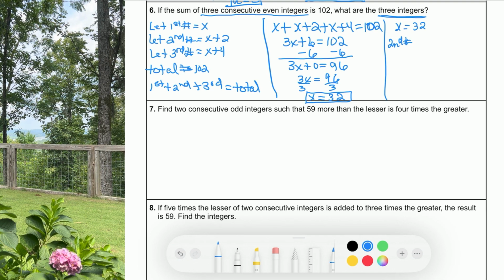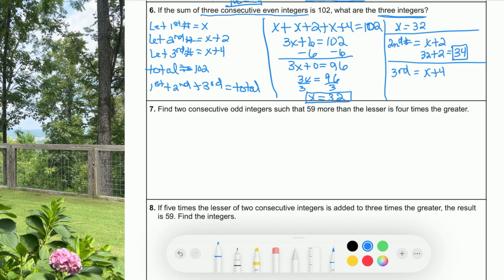So let's see here. Our first number equals 32. The second number is x plus 2, so I plug that in and get 32 plus 2, which equals 34. Then I have my third number, which is x plus 4.